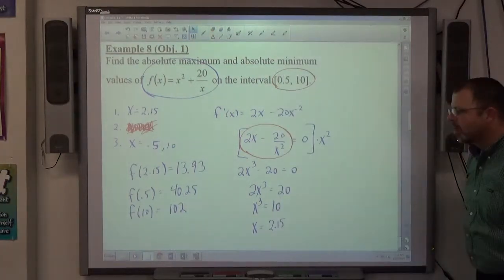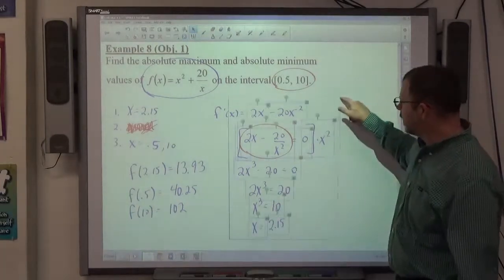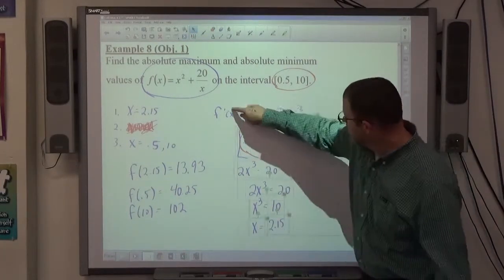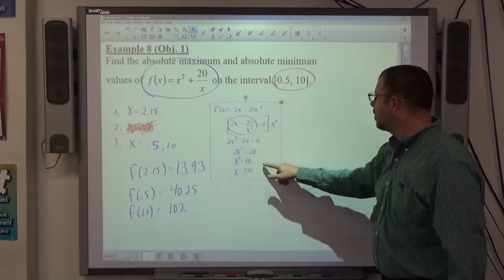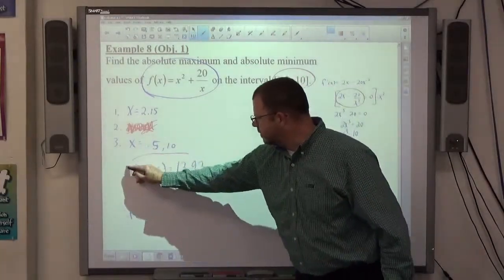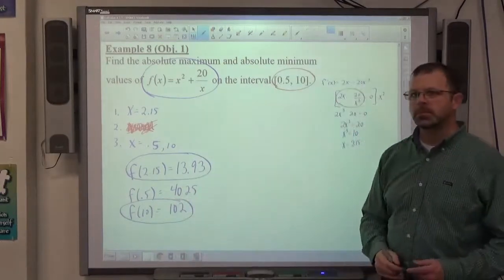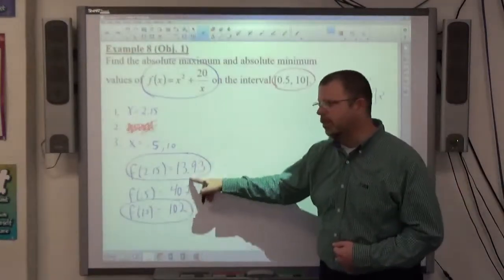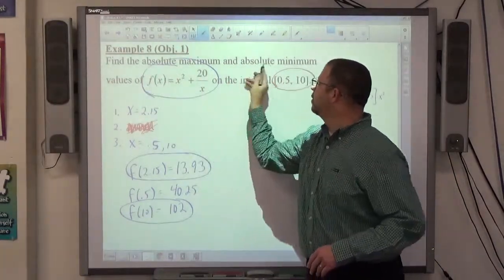All right, so looking at the three results there, let me just take this stuff and shrink it up a little bit. That's the smallest, right? And that's the biggest? So again, once you get the values, just compare the numbers. The smallest number and the biggest number are the ones we're looking for, because we're looking for the absolutes.